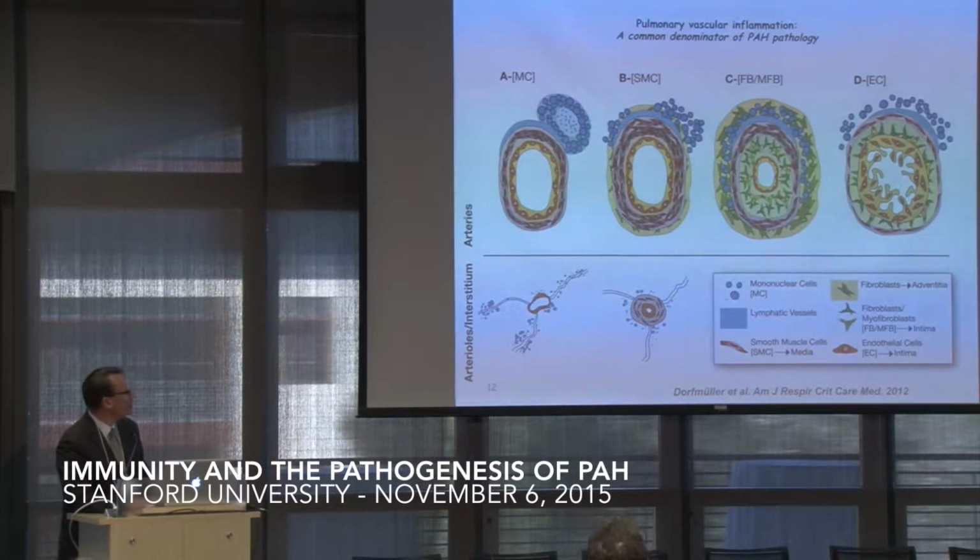So if you make cartoons on pulmonary artery remodeling, you always include some flavor of inflammatory cells in blue here. Sometimes it's a loose infiltrate, sometimes it's a very structured infiltrate, sometimes organized in tertiary lymphoid organs, quite interesting, and I will spend some time.